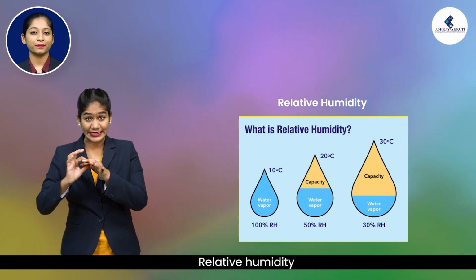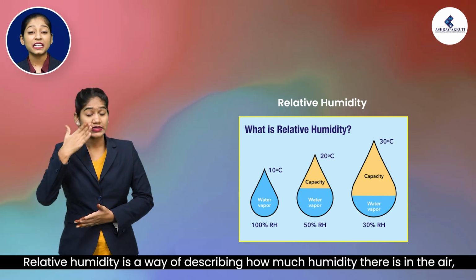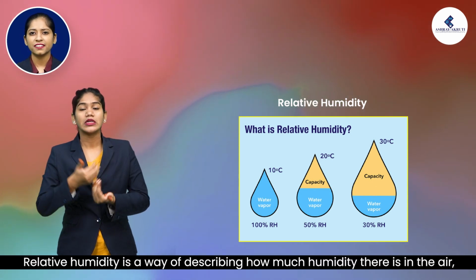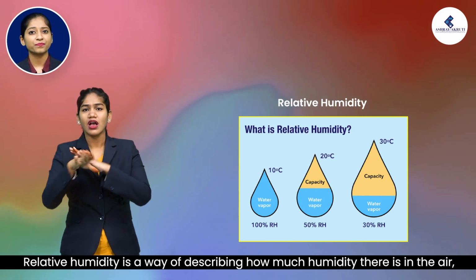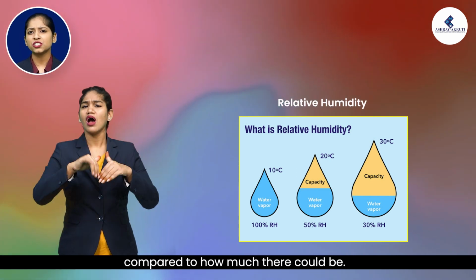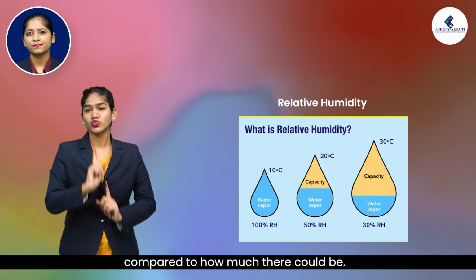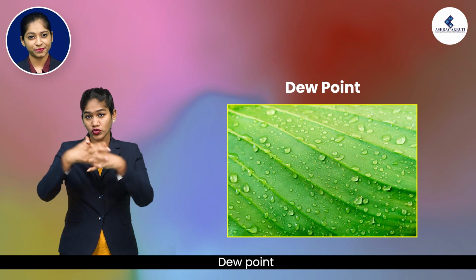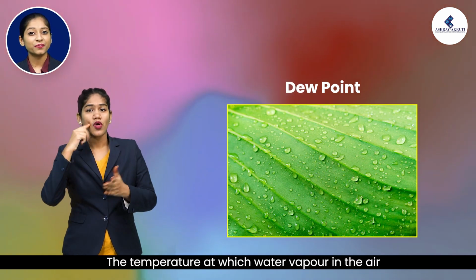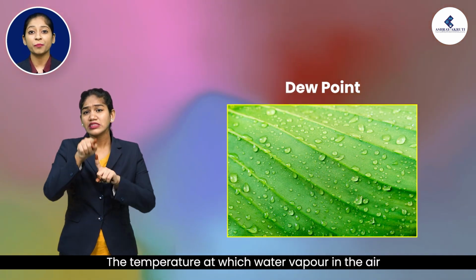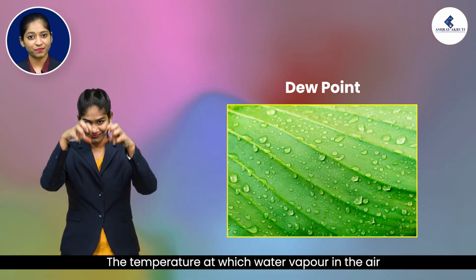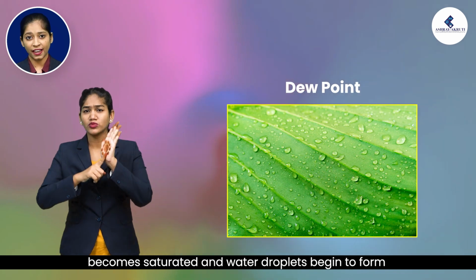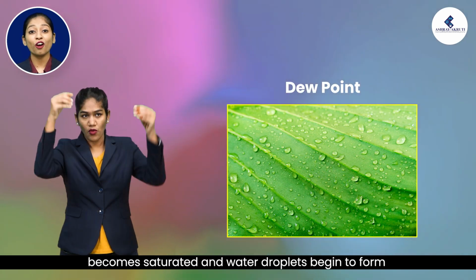Relative humidity is a way of describing how much humidity there is in the air compared to how much there could be. Dew point, the temperature at which water vapor in the air becomes saturated and water droplets begin to form.